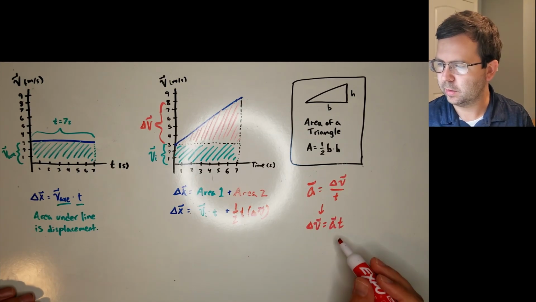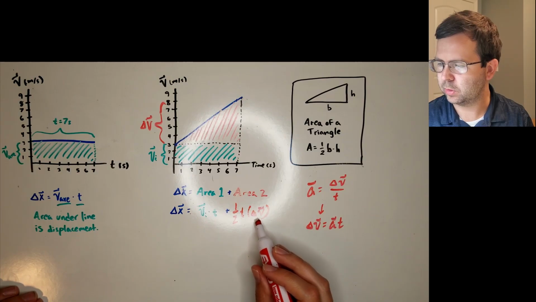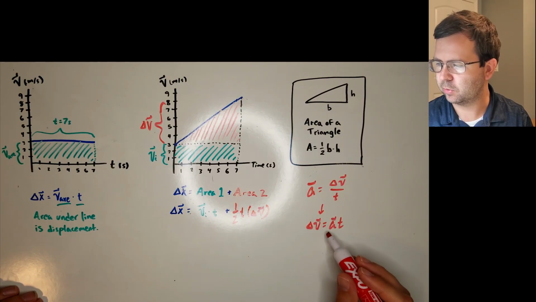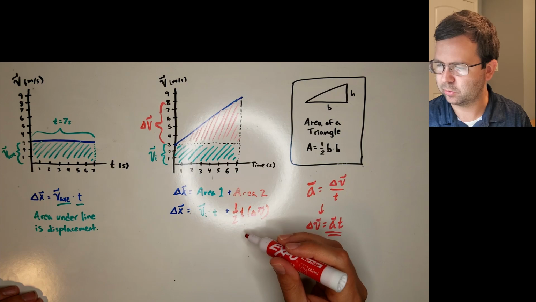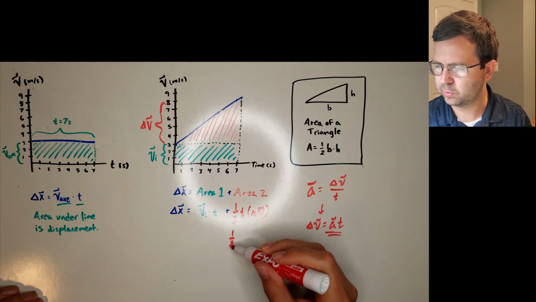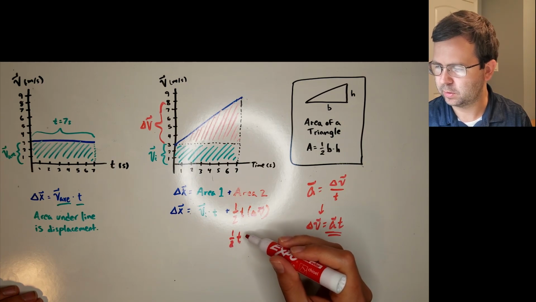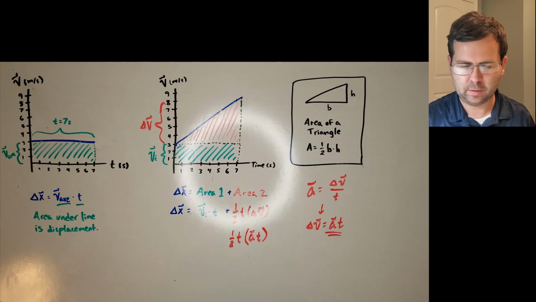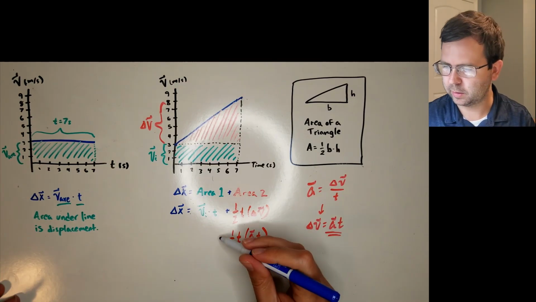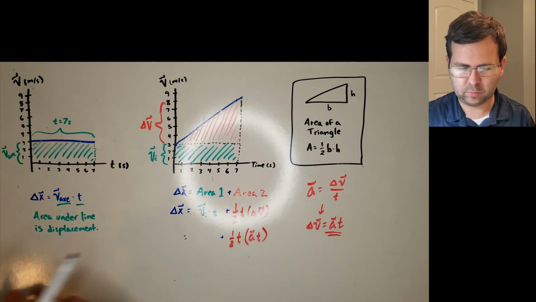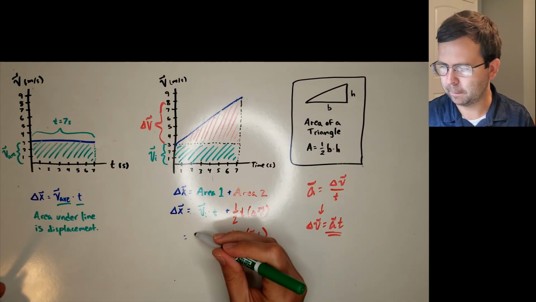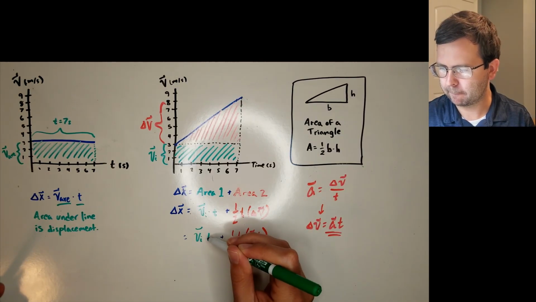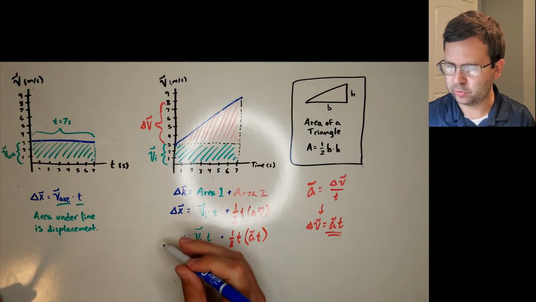So I do that, and instead of writing the change in velocity here, if I substitute in this acceleration times the time, I get 1/2 times time times the acceleration times time. And I'll add that to my initial velocity over here. And this is my equation for displacement.